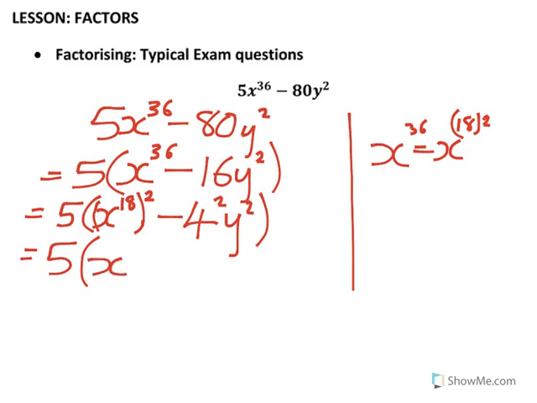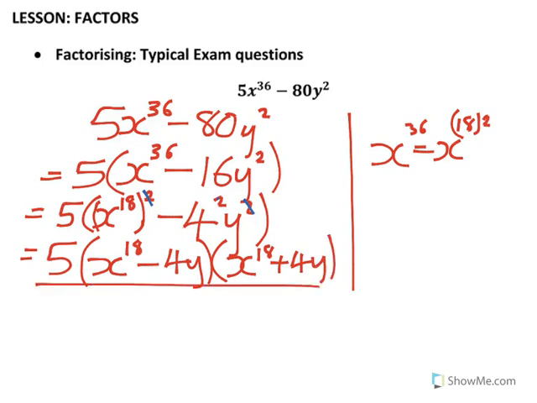You're going to have x to the power 18 minus 4y. Ignore the 2's. Remember, if you ignore the squares, what you are seeing there is x to the power 18 minus 4y, and you are also seeing x to the power 18 plus 4y. Then this becomes the final answer.